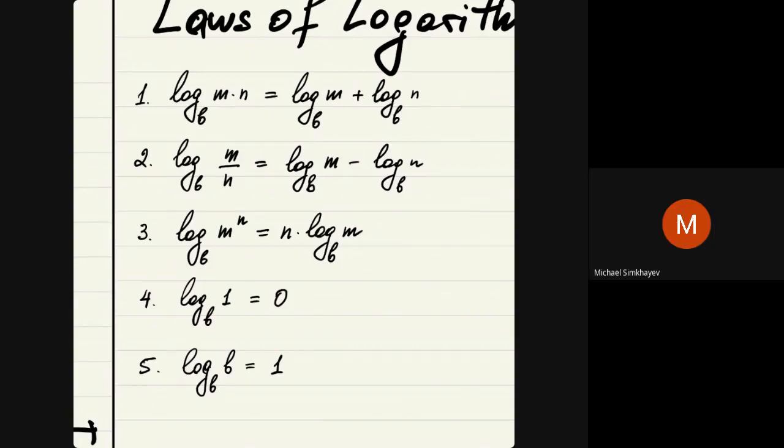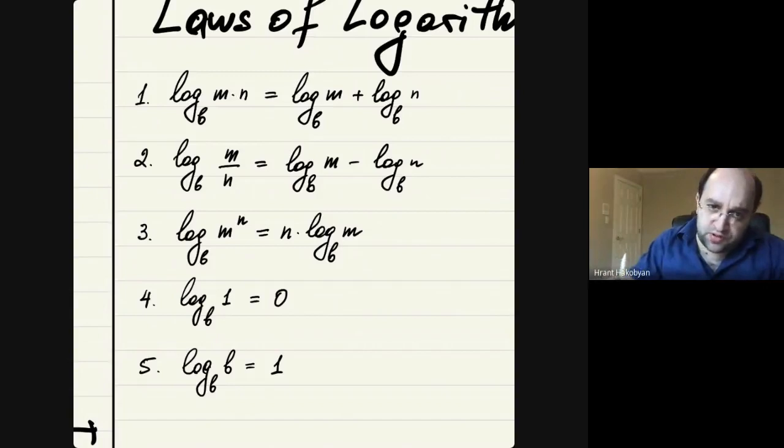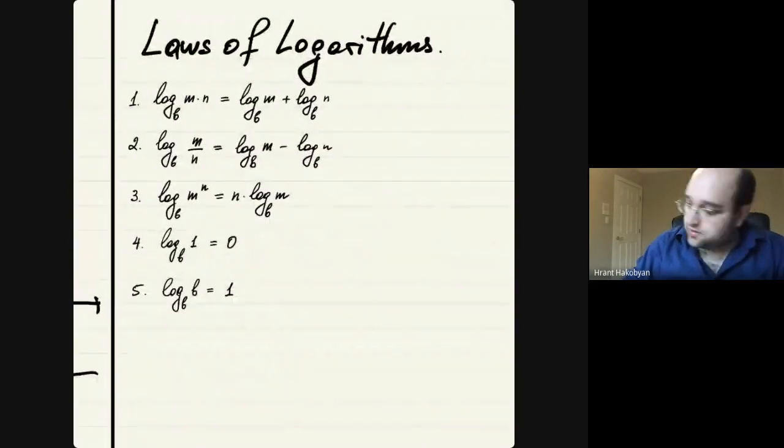If you had log base 27 of 27, it would be 1, right? So any b, no matter what b is, as long as of course b is a positive number. It could be 1, that's fine too. Of course 1 to some power is always 1, no matter what power this is.